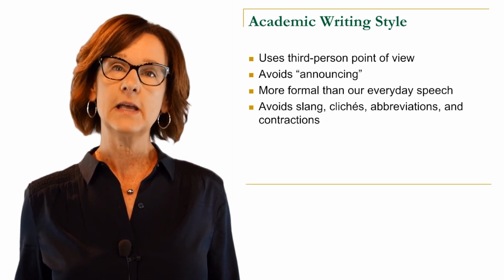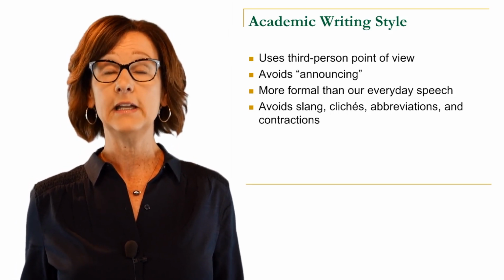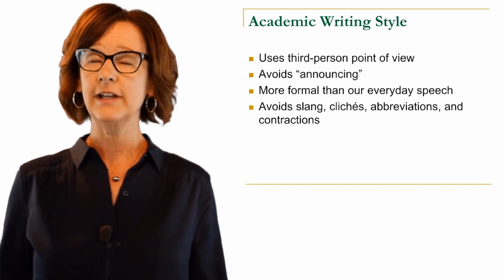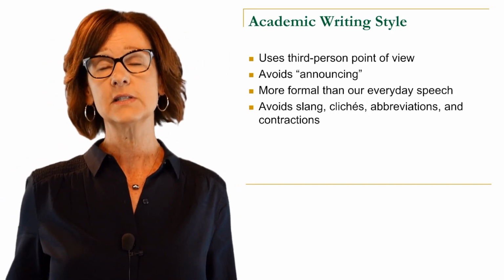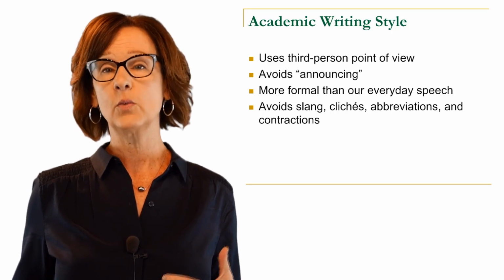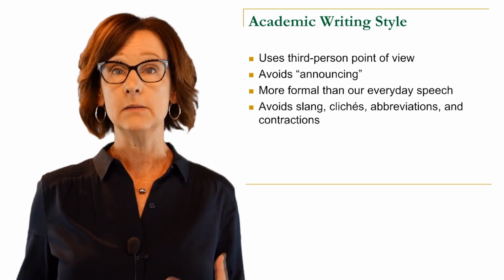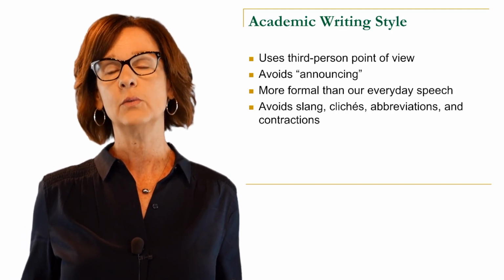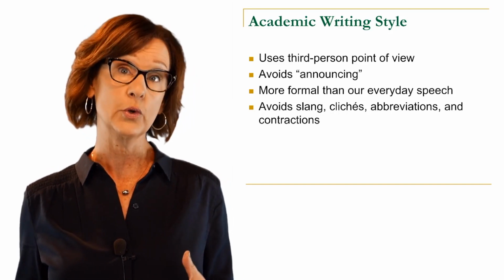So part of academic writing style is knowing how to write in third-person point of view. A lot of times in more informal writing situations, we write in first person where we use pronouns like I and me, or we write or speak in second person point of view when we use the pronoun you or your.